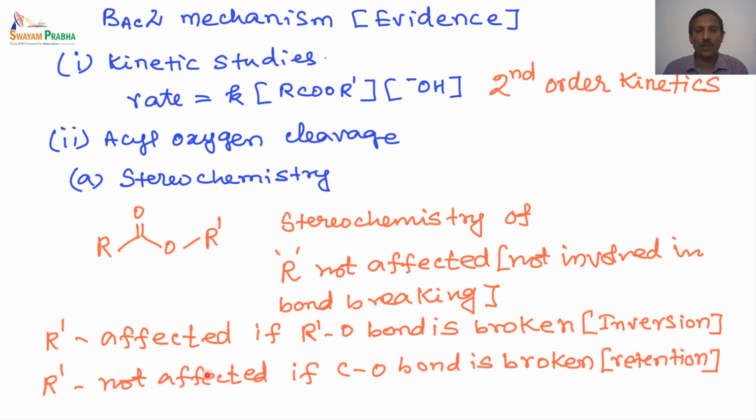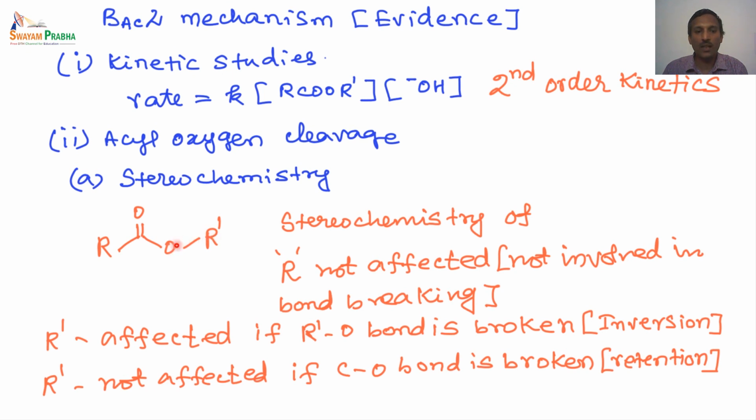R prime is not affected means if this acyl oxygen bond is broken, then we will end up with the retention in configuration. In other words, if this bond is actually broken, then this R prime O bond remains intact. So that means we will end up with the retention in configuration.